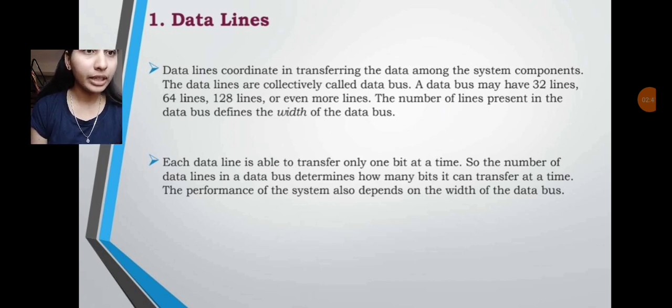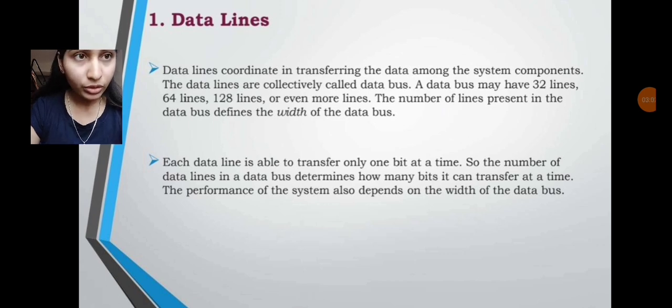The number of lines present in the data bus defines the width of the data bus. Each data line is able to transfer only one bit at a time. So the number of data lines in a data bus determines how many bits it can transfer at a time. The performance of the system also depends on the width of the data bus.